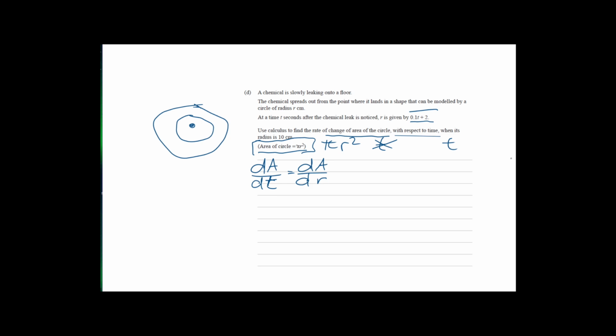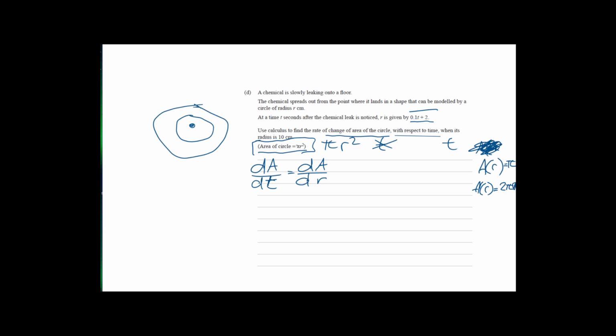So the area as a function of radius is pi r squared, therefore 2 pi r.